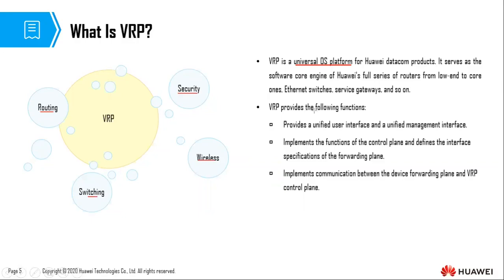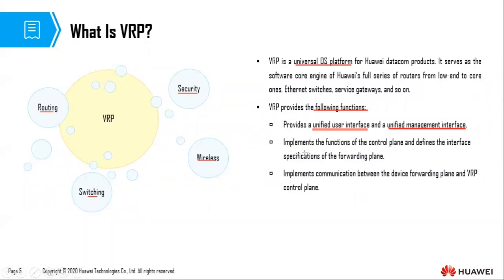These are some of the functions that VRP will provide. One of them is to provide a user interface that you'll use to configure the device, and also what we call the unified management interface.